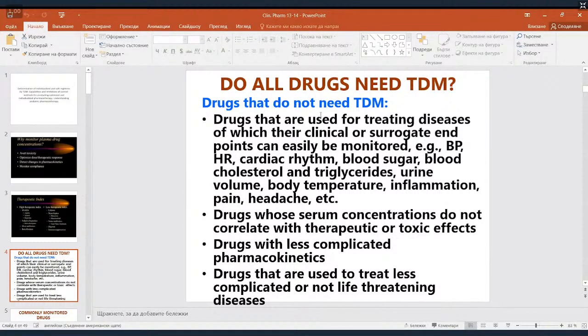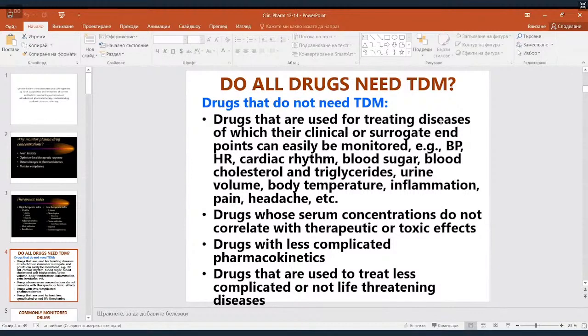Which drugs do not need TDM? Most drugs that have a surrogate endpoint that can be easily monitored. If you remember from our first exercise this semester, we talked about clinical and surrogate endpoints.